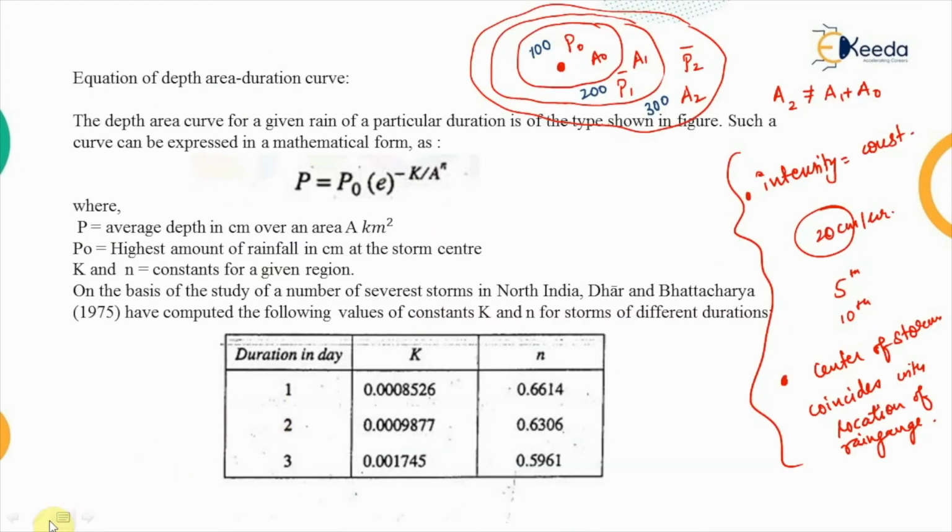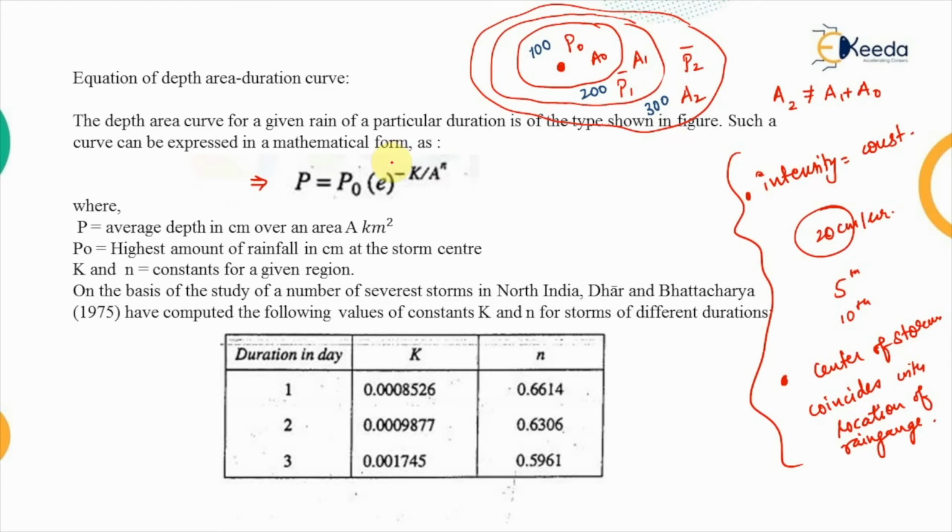Now this relation for a particular duration has been obtained by certain scientists, and it is represented in the form P is equal to P naught into e raised to the power minus k A to the power n.